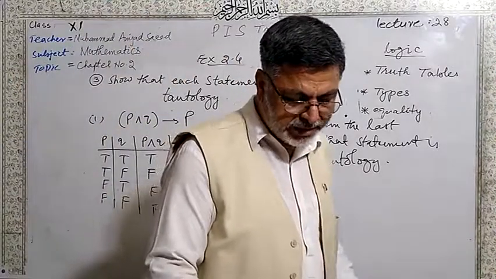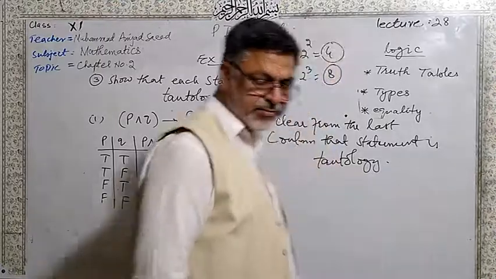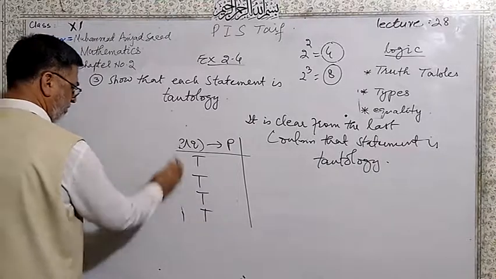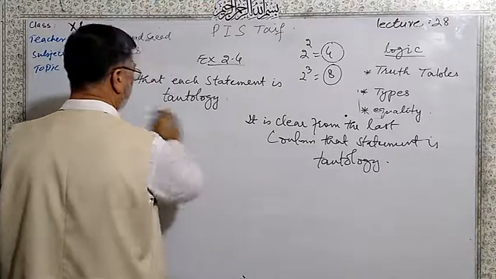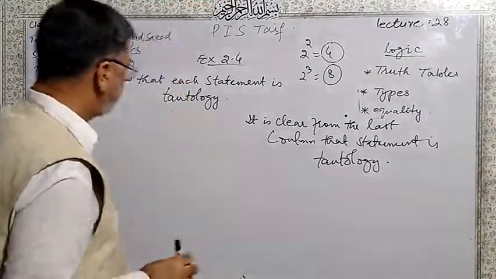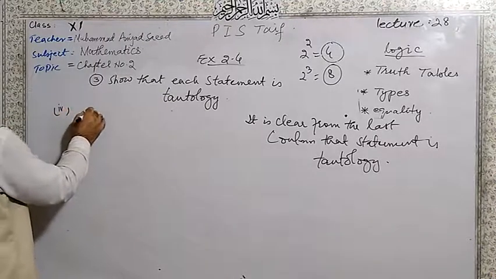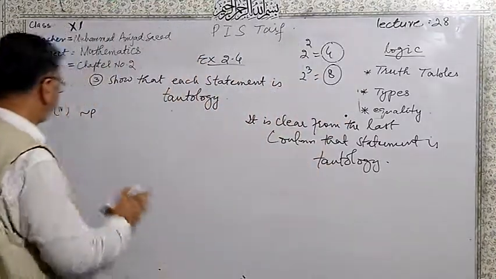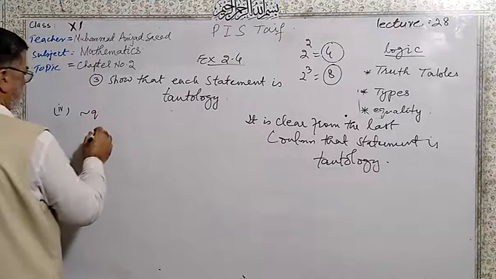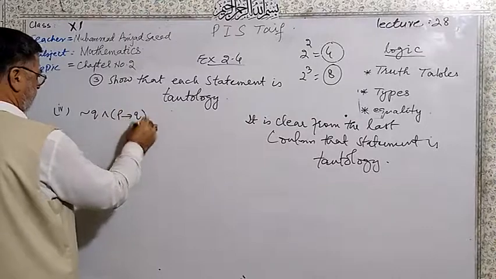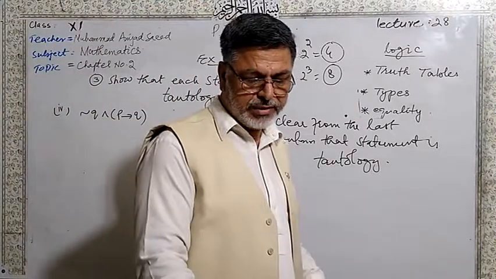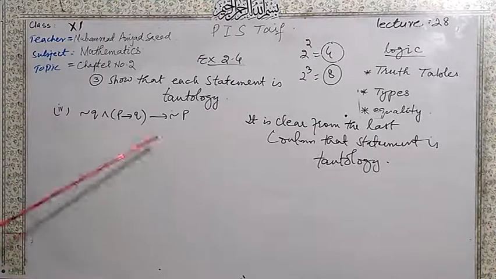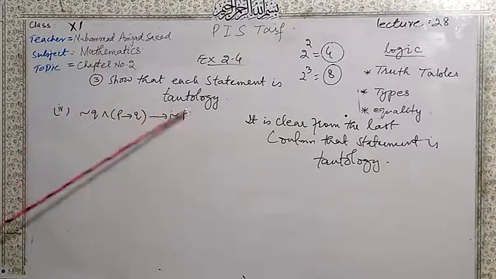And after that, we have part number 4: not Q and P to Q, to not P. Here you can check P and Q are there, not P and not Q are there also.